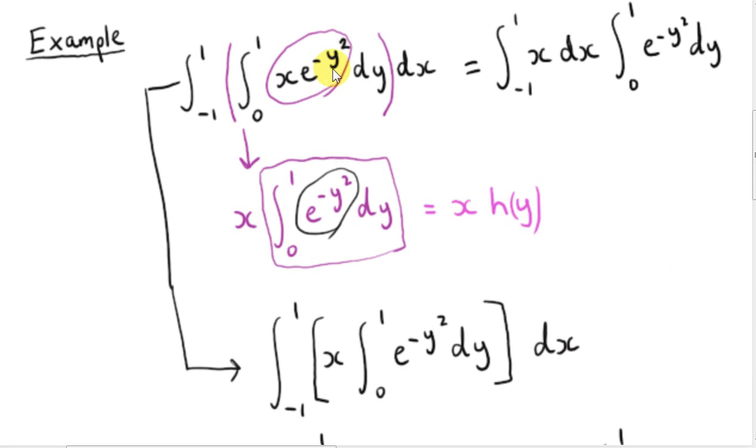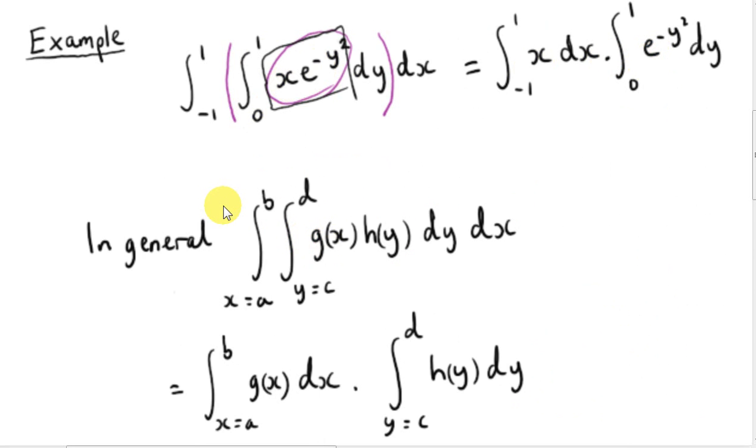The moral of the story here is that if we're getting the double integral of some function which can be written as a function of x times a function of y, as this thing can be, it can be separated out like that, and we can just integrate each function separately and multiply the two integrals.